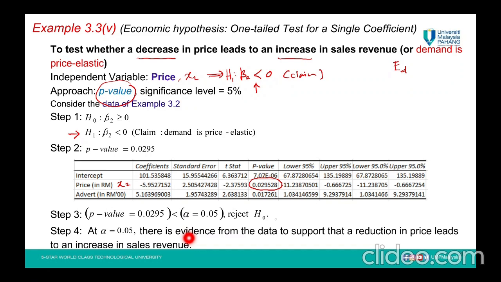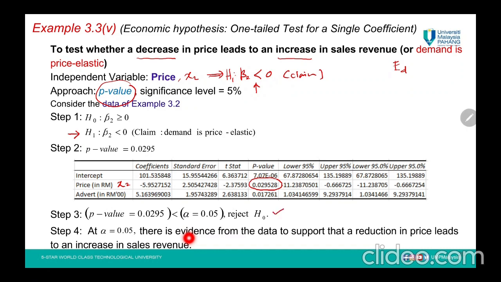Step 3, we want to make a decision on H0. So by using the standard rule for the p-value approach, and comparing the value of the p-value and the alpha value given here, the decision for this example is reject H0.